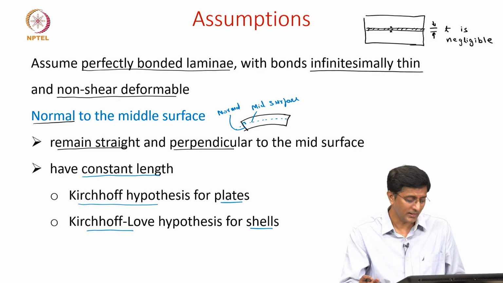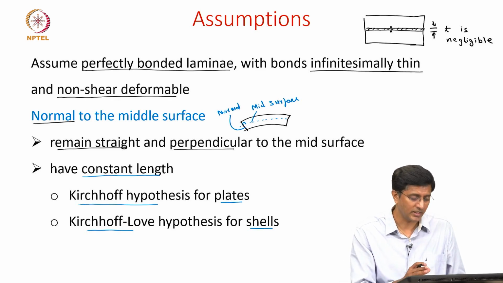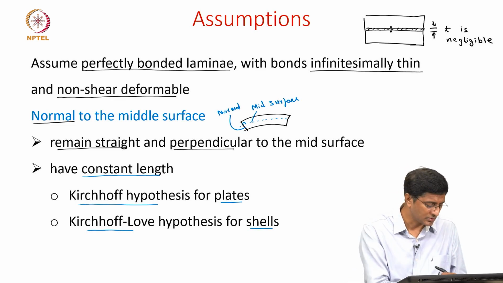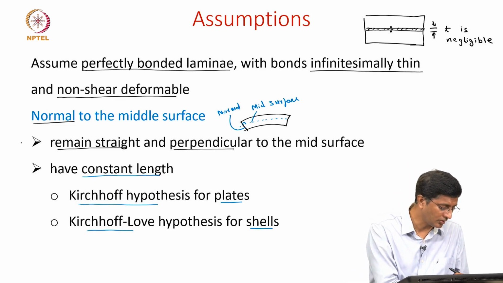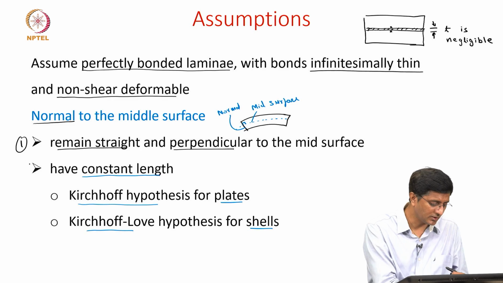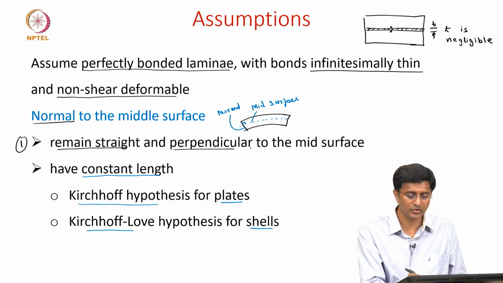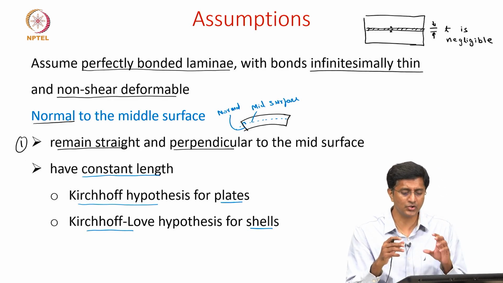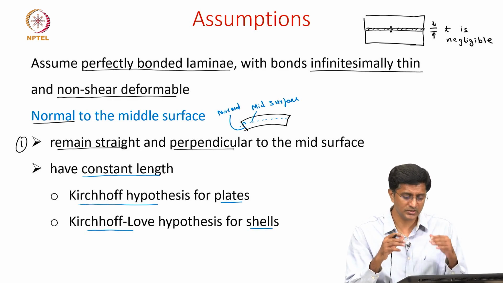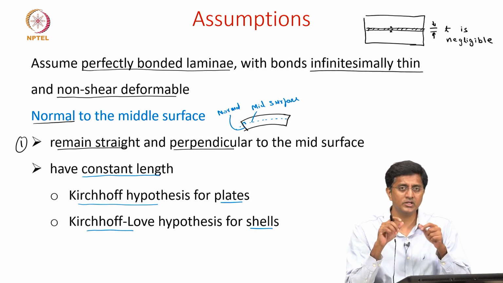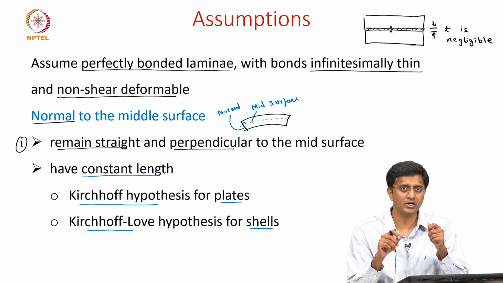But now let's look at how these assumptions will affect our strains. Starting with the first assumption about the normal, here we said that these remain perpendicular to the mid surface. And with the book I showed you, because of this assumption, we assume that there is no shear happening.